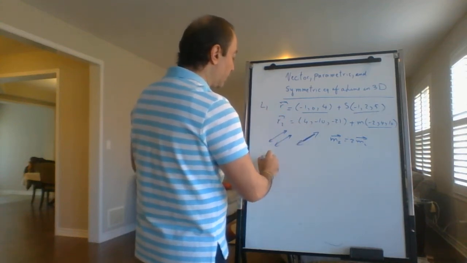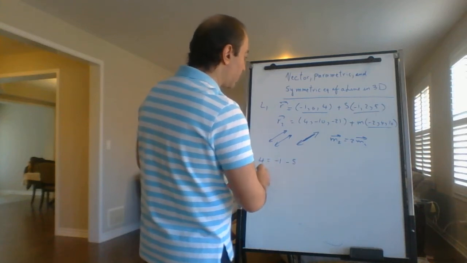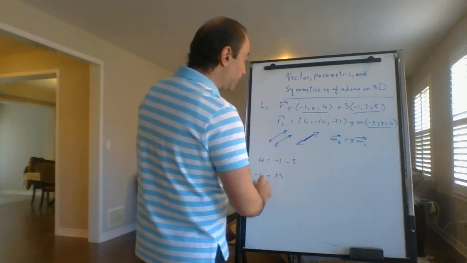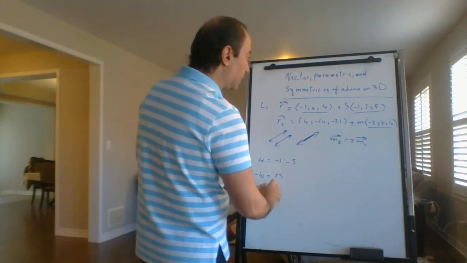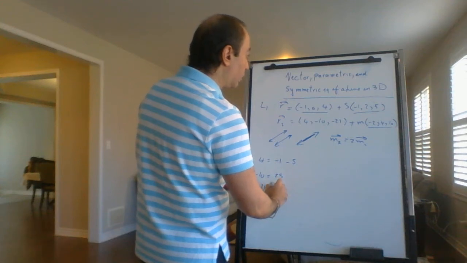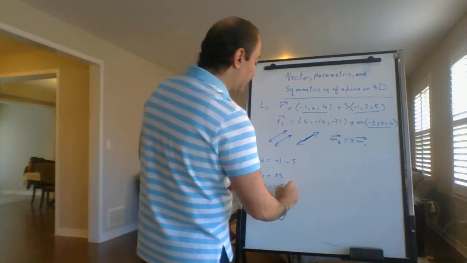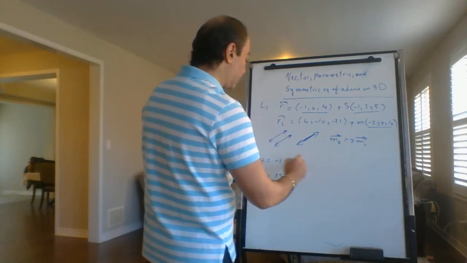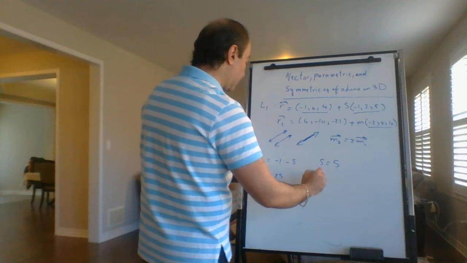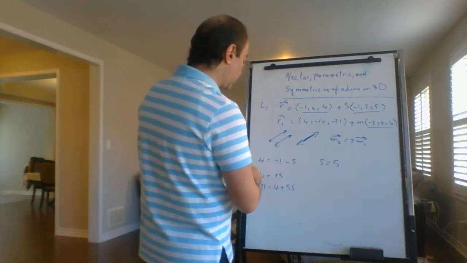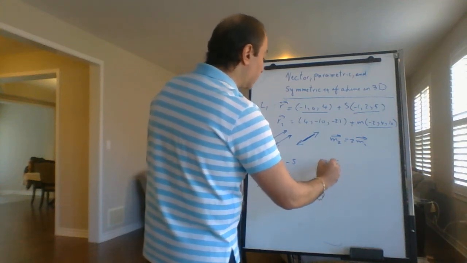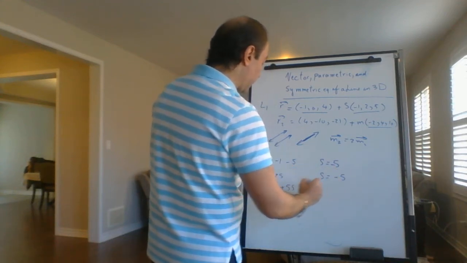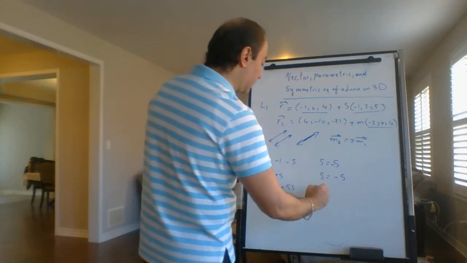So it will be 4 equals -1 minus s, -10 equals 2s, and -21 will equal 4 plus 5s. So in this case, from this equation, s equals 5. From this, 5 or -5? -5. And s equals -5. And in here, s would equal -5.